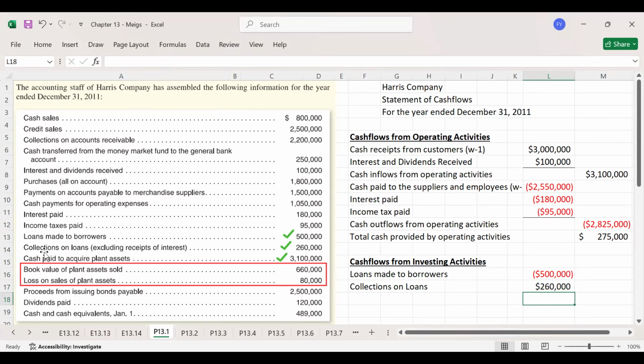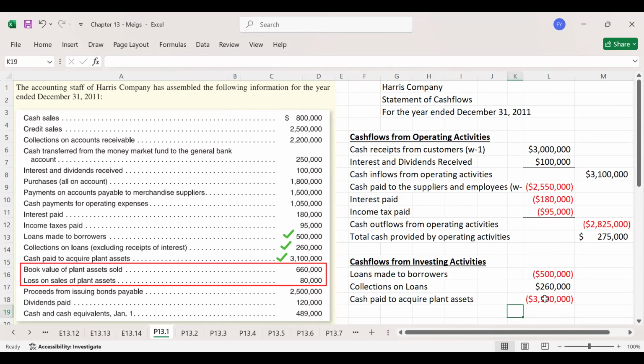Then we have cash paid to acquire plant assets, which is $3.1 million. As this represents cash outflows, we are going to present it with the bracket sign, 3.1 million.